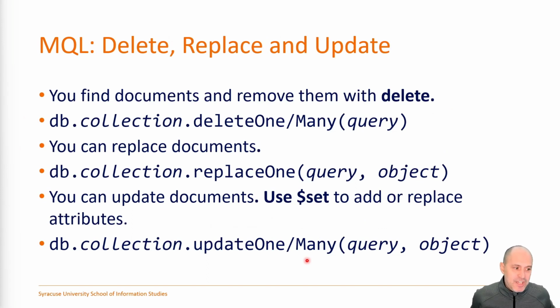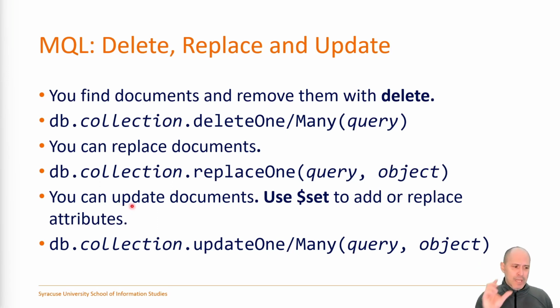All right, let's talk about the other CRUDs in Mongo. How can you delete, replace, and update data? When you find documents and remove them with delete, you can do db.collection.deleteOne or deleteMany, and then give it a query. You can also replace documents by saying db.collection.replaceOne or replaceMany, and then putting in a query, and then putting in the object you want to replace it with.